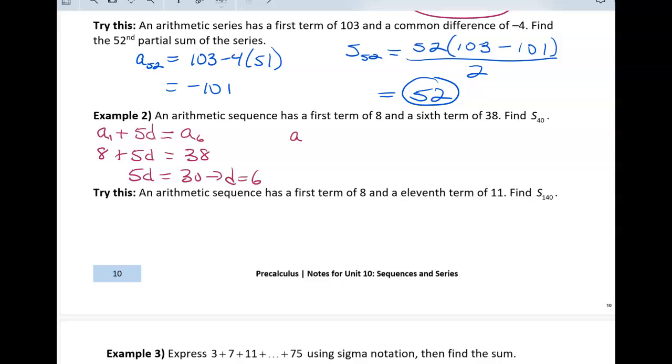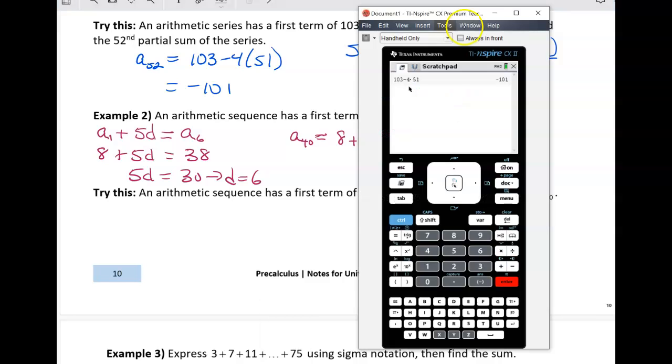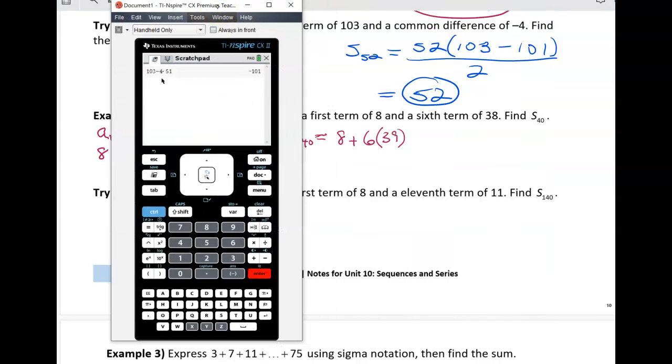From here, we can find the 40th, or the last term of the series, which will be the first term 8 plus the common difference 6 times 1 less than the number of terms, which will be 39. So computing that, 8 plus 6 times 39 is 242.